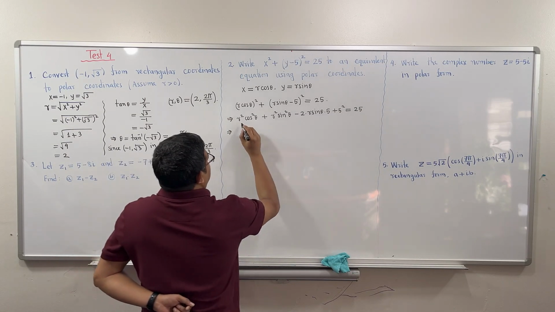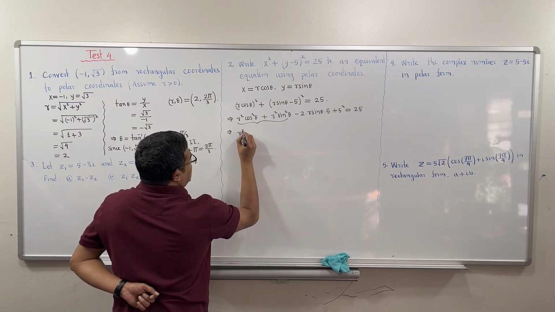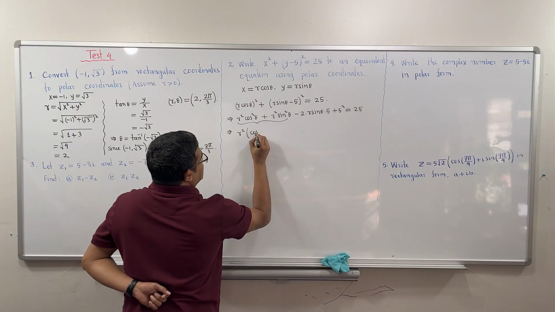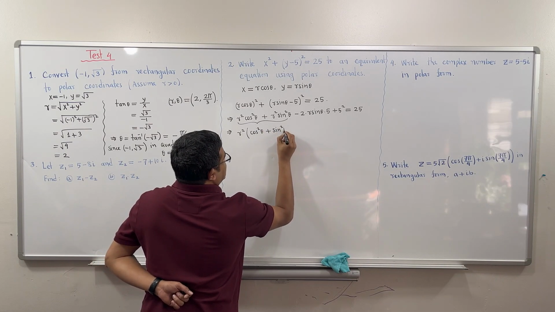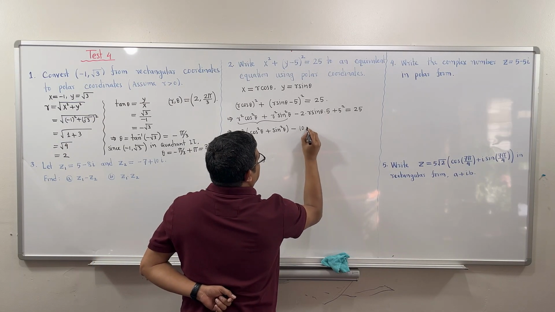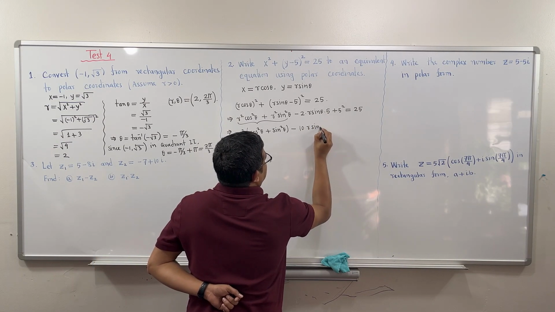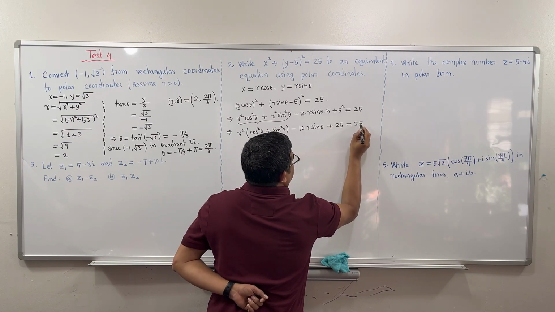So from the first two terms, we can factor out r square, and it becomes cosine square theta plus sine square theta, and 5 times 2 is 10r sine theta plus 25 equals 25.